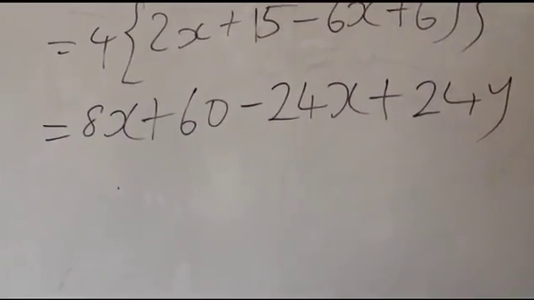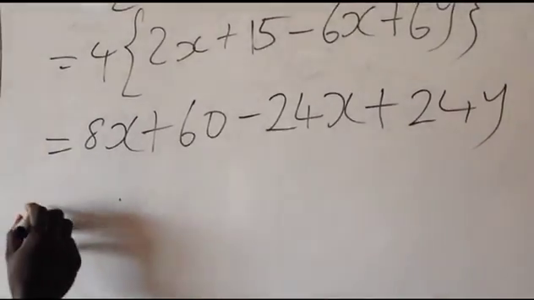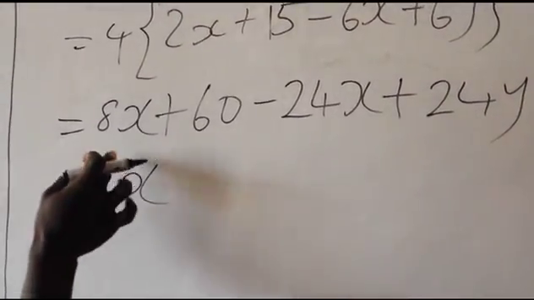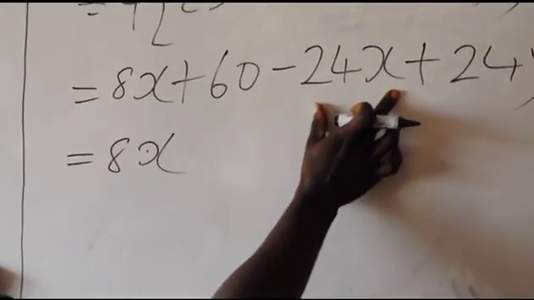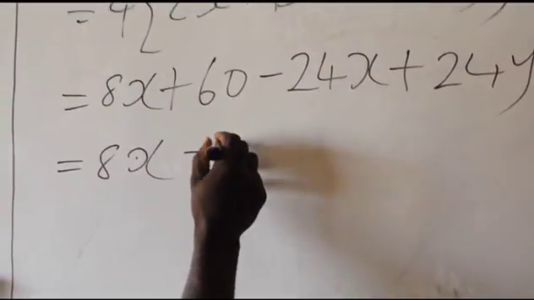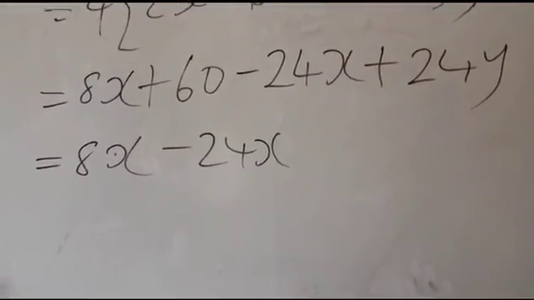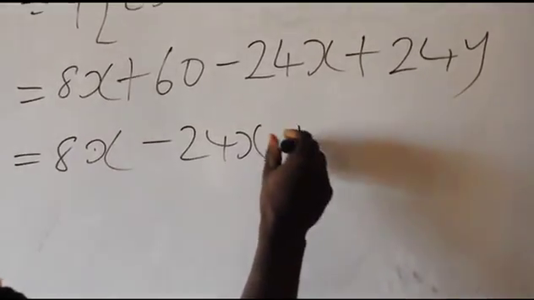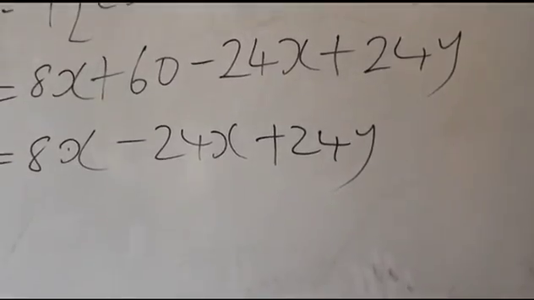So now we collect the like terms. Here we have 8x. So let's look for another term that has x. So we have minus 24x here, which is a like term. So we bring it to this place. That will be 8x minus 24x. And the next thing, we have 24y, and 24y does not have any like term.